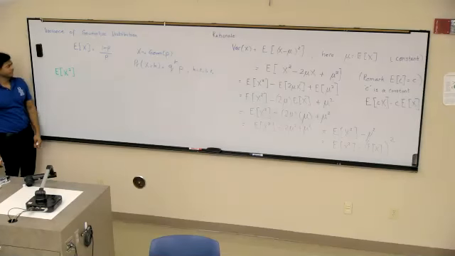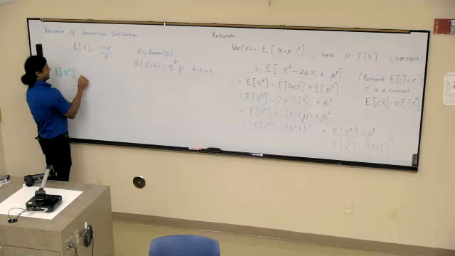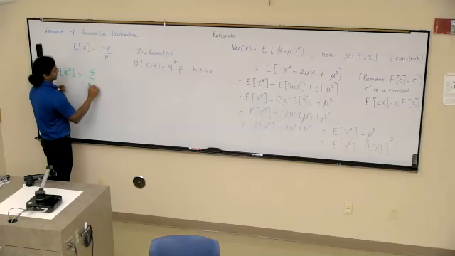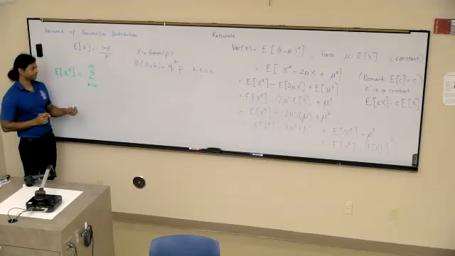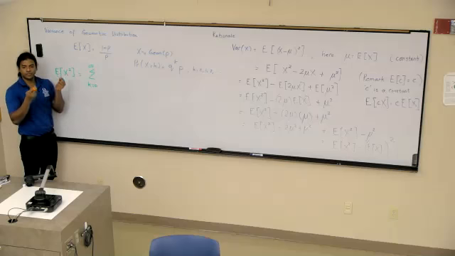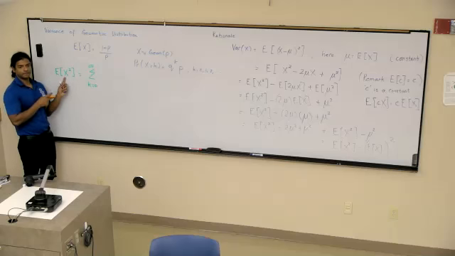Yes. The law of the unconscious statistician simply states I could do the sum from k equals 0. I'm going to take individual values of k for x, right?